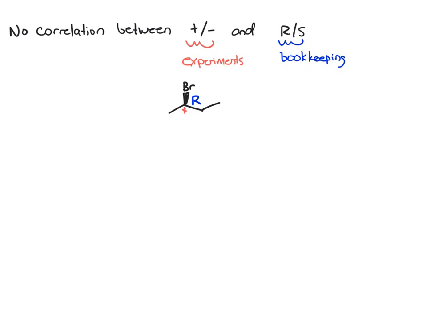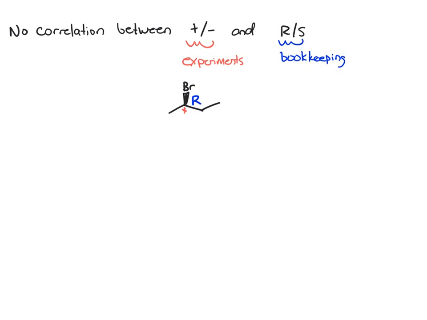I have absolutely no idea on Earth whether it's positive or negative with its optical rotation. There's no way to know just by looking at it. So that's the big difference there. I would have to take this and put this into a polarimeter and measure the optical rotation to figure out if it's positive or negative.